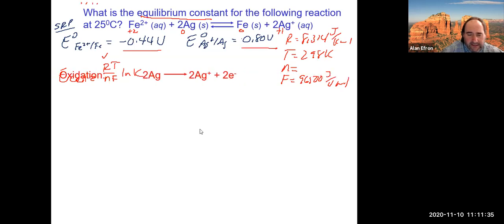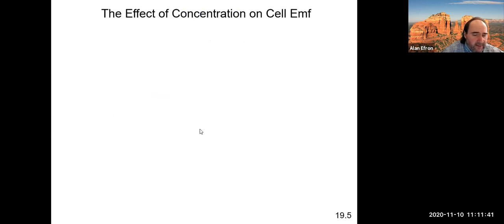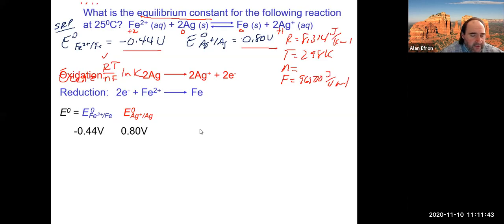So our oxidation would be our silver, and our reduction would be our iron, which means E of the cell is going to be E of the cathode minus E of the anode.